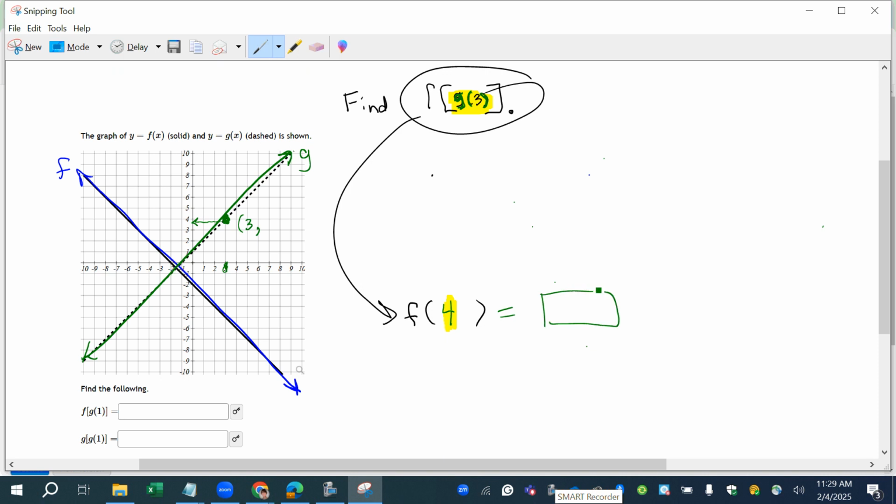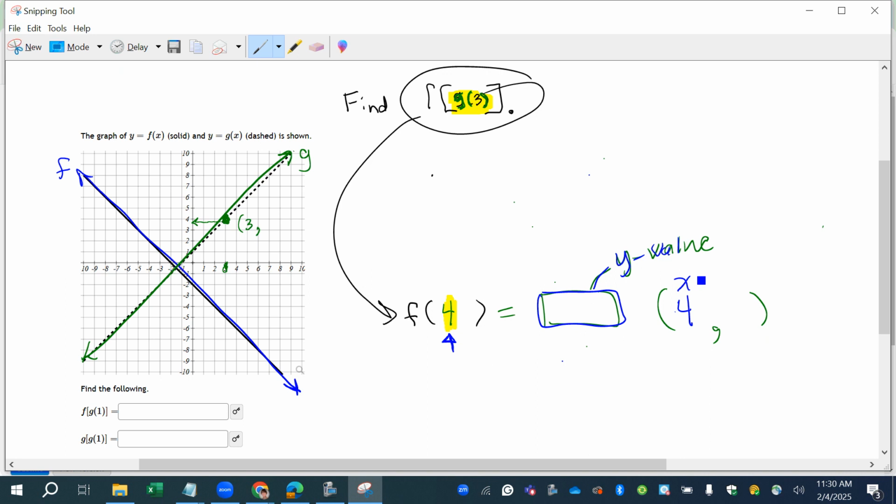Okay, the y value on the blue line when x is 4, okay? Because remember, whatever is inside the function is what you're going to substitute for your x value.